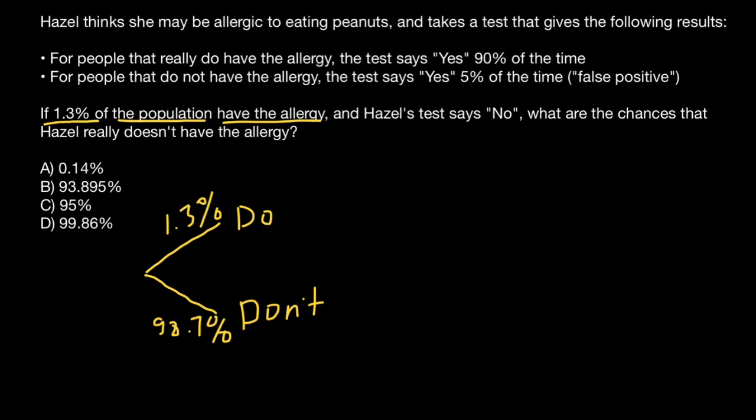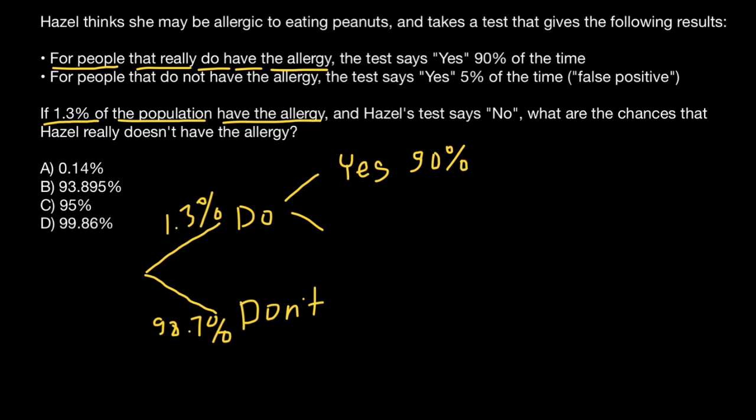Now let's read again. For people that really do have the allergy, so they belong to this branch, the test says yes 90% of the time. Let's add a couple of branches here. In 90% of the time this test would show the presence of allergy, so people have the allergy and the test shows correctly that they do.